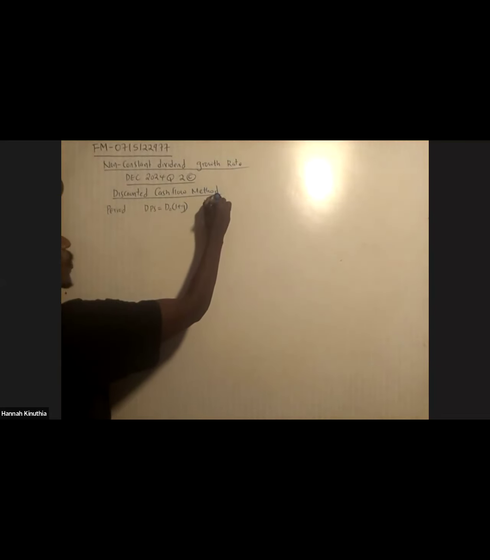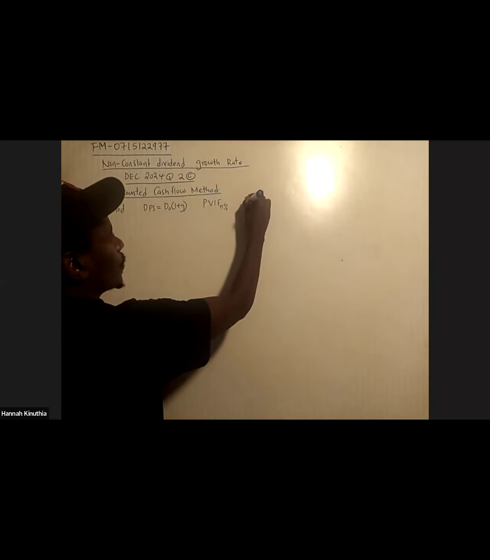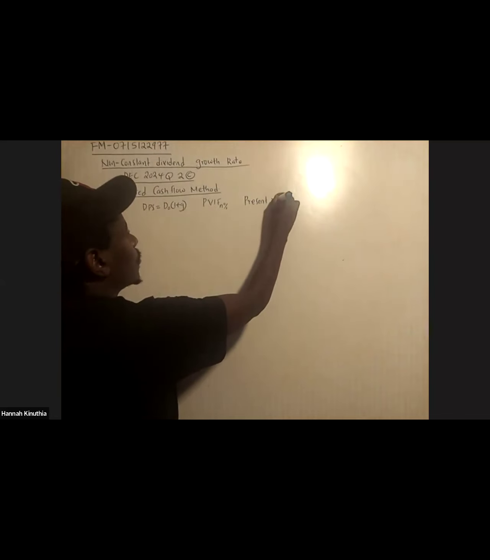We start with the period. Then we need the DPS, dividend per share, which is equal to D0 (1 plus g). Then we need the present value interest factor, PVIF, for the end period and the percentage. Then we get the present value. So that is the format. Let's see the question so we can answer.